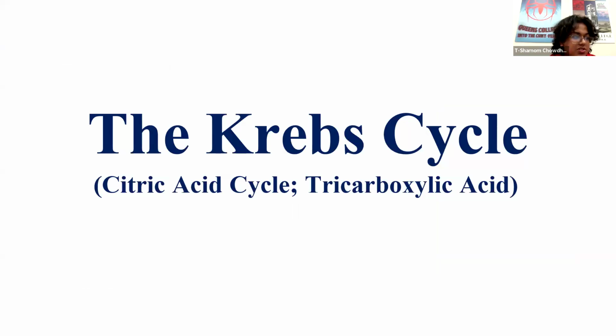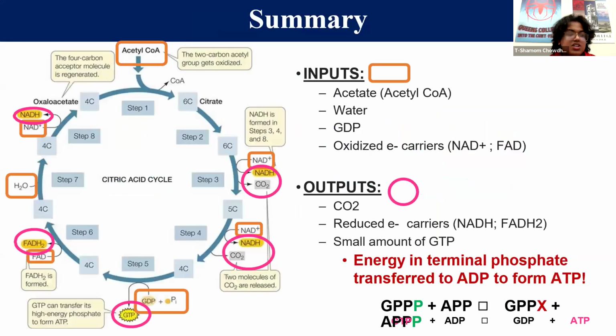Now we're going to talk about the Krebs cycle, or also citric acid cycle. As you see here, it is a lot of information, but you only need to know the main steps. The main steps are that acetyl-CoA is input, and then acetyl-CoA gets oxidized.